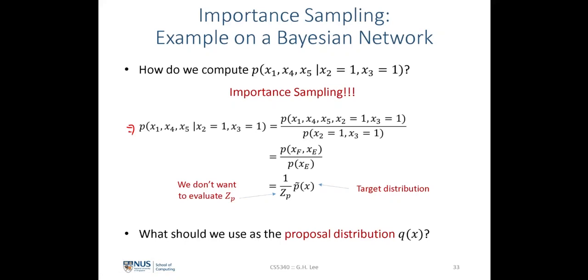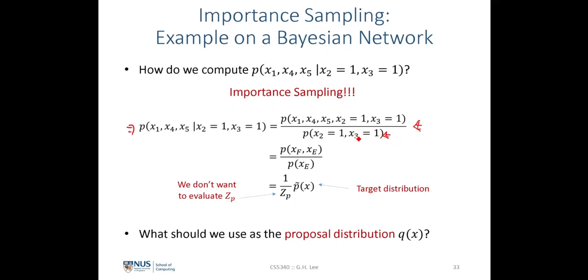We'll use importance sampling, of course, to do this, where we can simply rewrite this particular marginal or conditional probability distribution into this form over here, where the numerator is simply the joint probability of all the random variables given that x2 and x3 are observed to be taking a state of 1, divided by a normalizer.